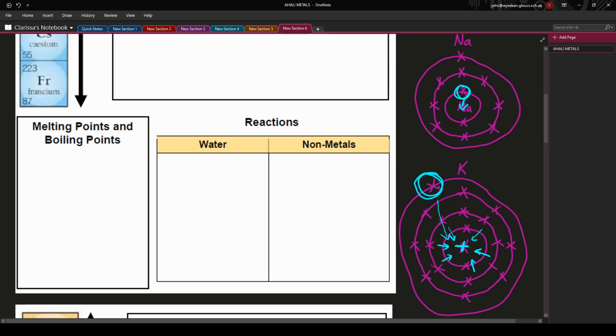And also, if you think about how there's a bunch of other electrons in the way, this is not going to experience much of an attraction at all. Not much attraction to the nucleus. So it's not going to experience that pull from the nucleus, keeping it with that atom. Which is why this electron would be very, very easy to lose.